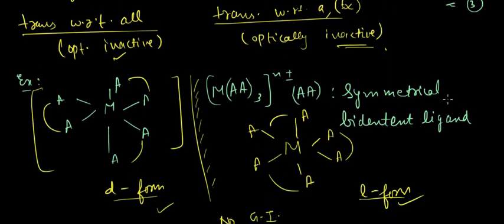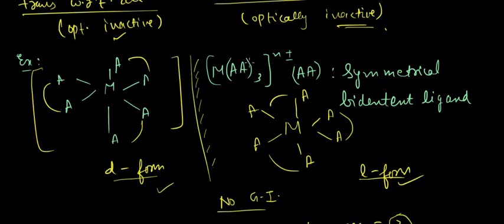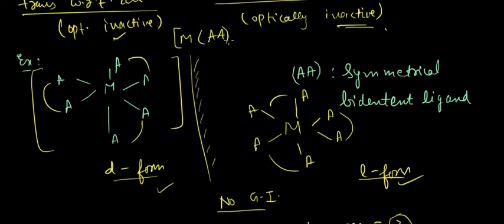Okay, next let us see this compound, which is, let me write it here, M(AA)3 with a plus charge.